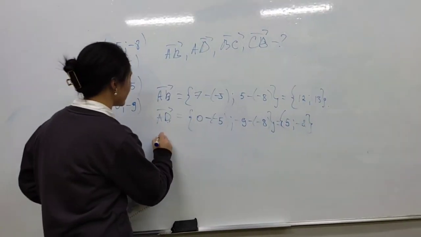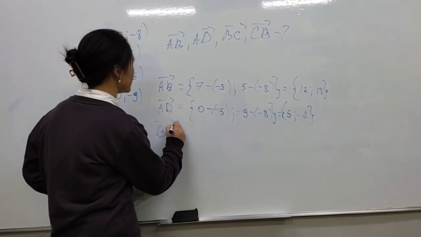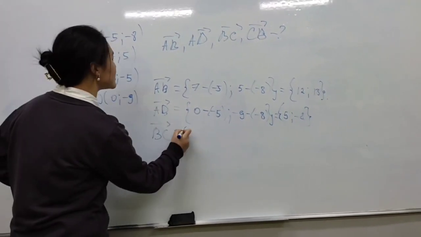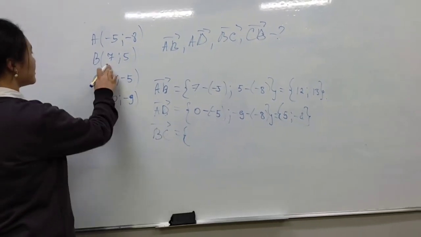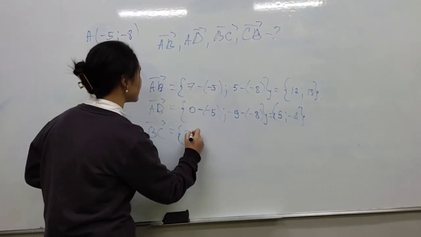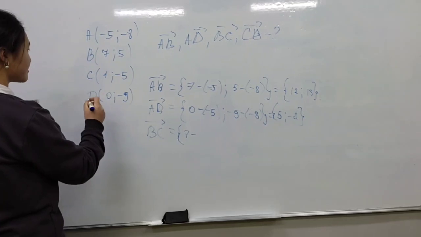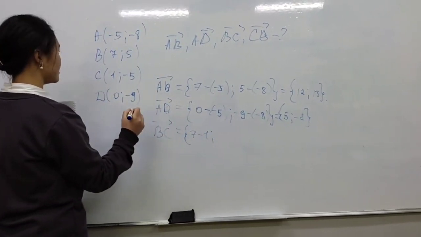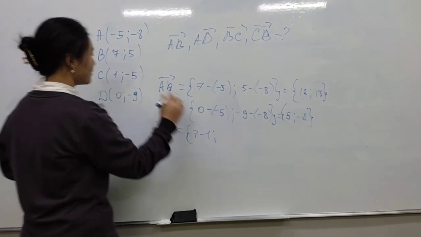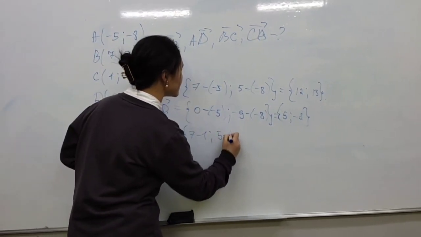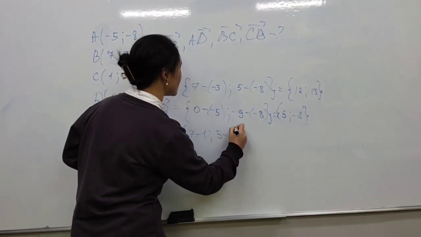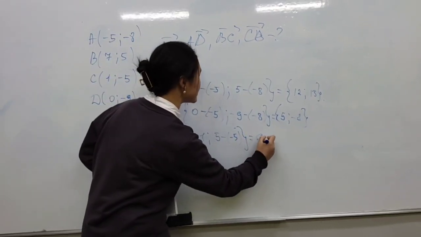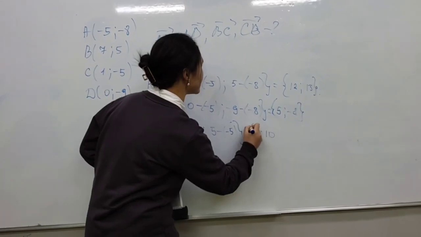Next, vector BC. Okay, B is (7, minus 1) and 5 minus 5, which is equal to (6, 10).